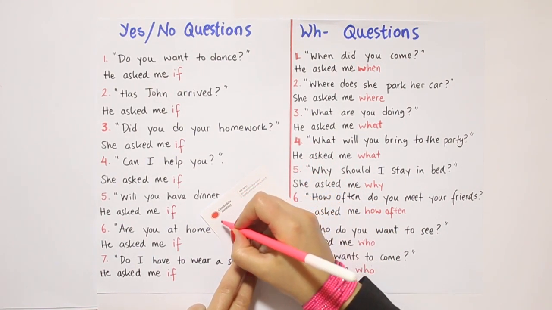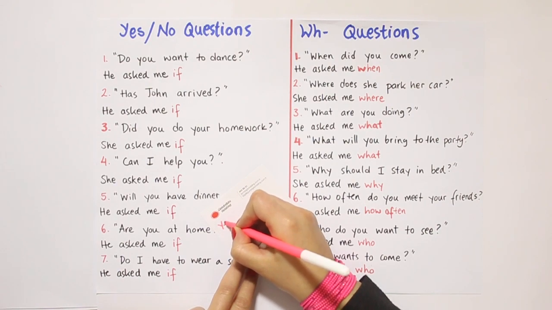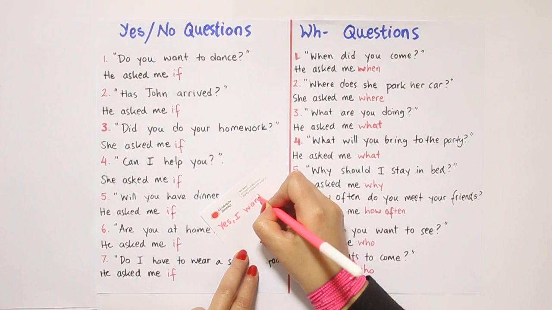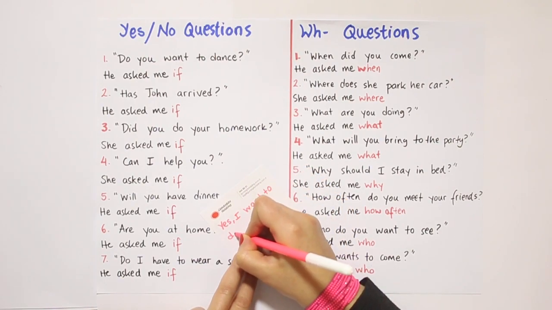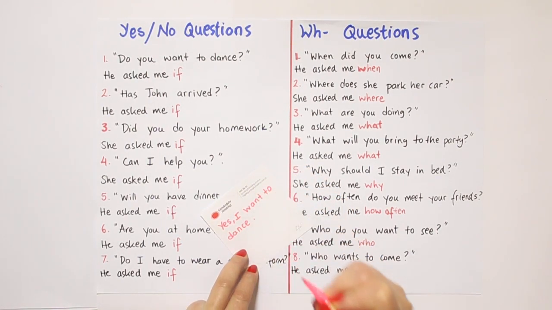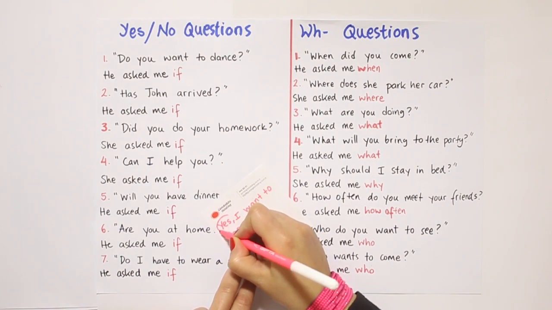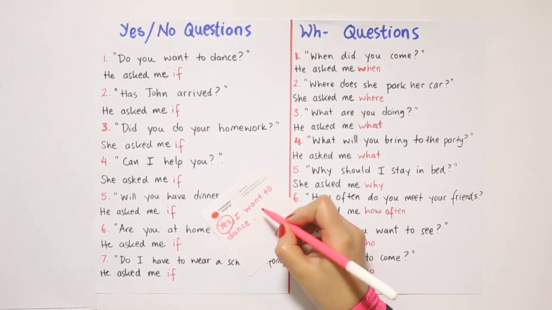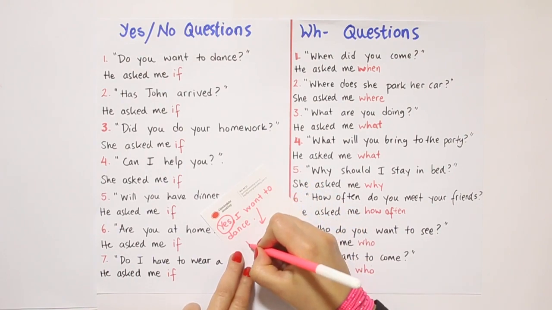I would say, yes, I want to dance, okay? Just keep this. We won't be using it because we don't know the answer yet. I want to dance. This is in present simple, right?